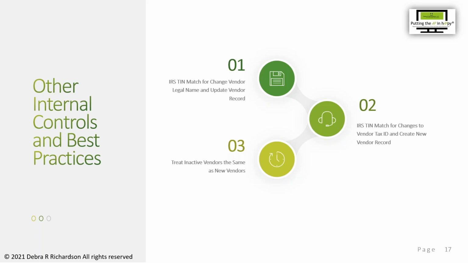But if the vendor does change their tax ID, then you want to, again, make sure you do that IRS TIN match and create a new vendor record. So require a W-9 if the vendor changes their tax ID. If they do change their tax ID, that is a new reporting to the IRS, and thus you need a new vendor record to document and report the payment activity under that new tax ID.